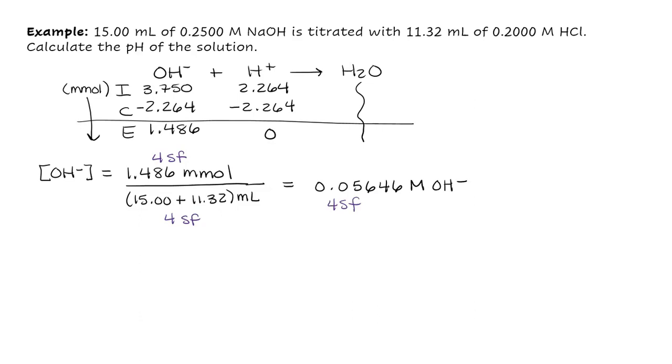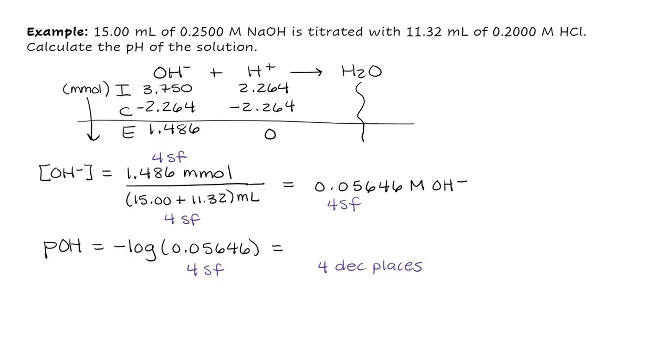OH-. We can then calculate pOH by taking the negative log of 0.05646. We have 4 sig figs in that value. We'll get 4 decimal places for this calculation after we do the log.